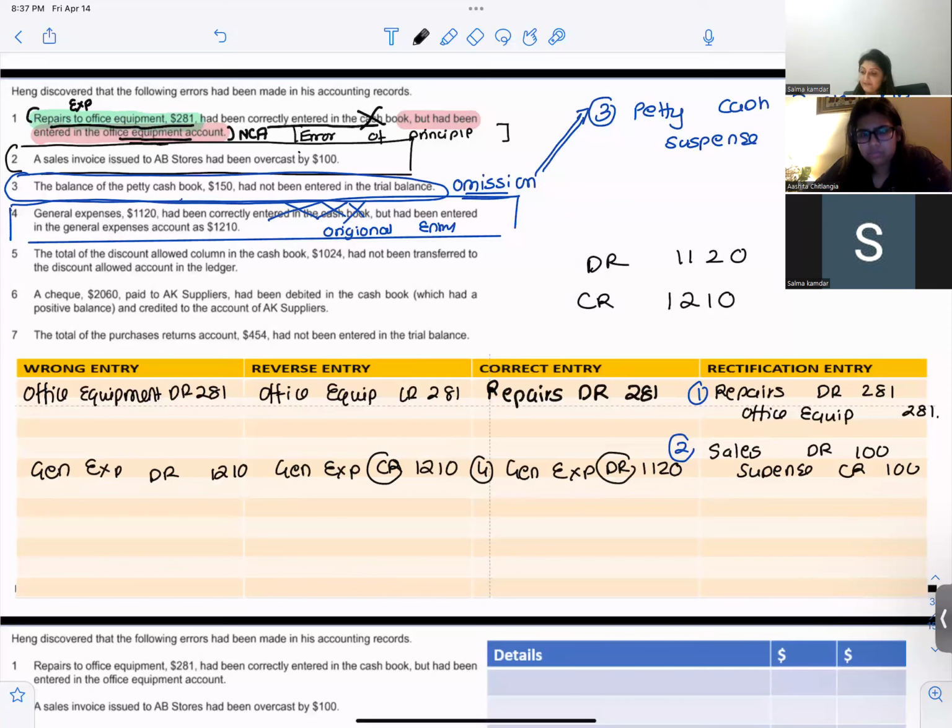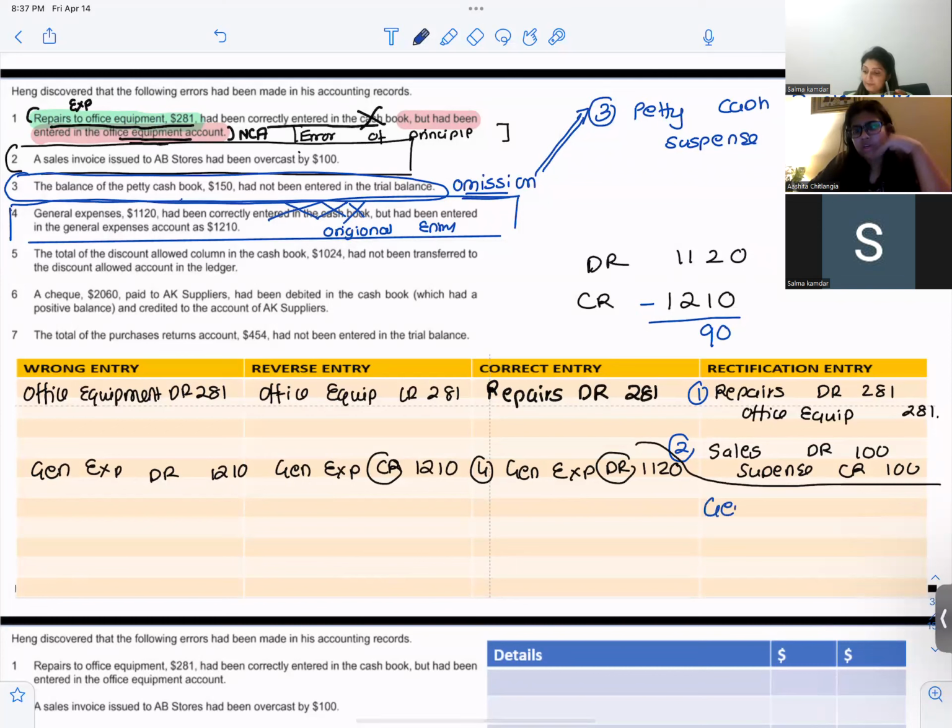So in the rectification, 1120 minus 1210, what is the amount? 90. Which side is more? Credit side. So you'll write general expenses credit 90 and suspense debit.